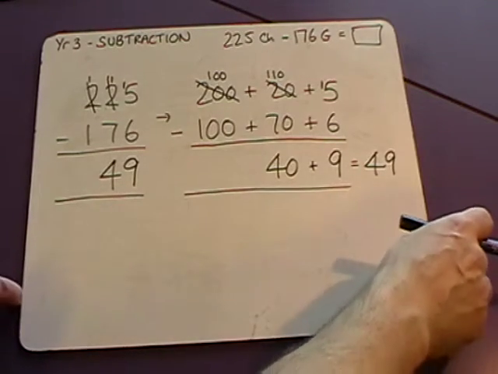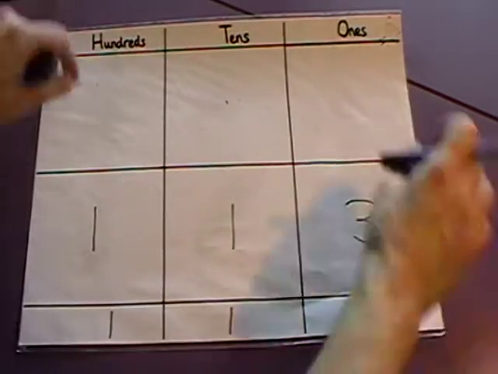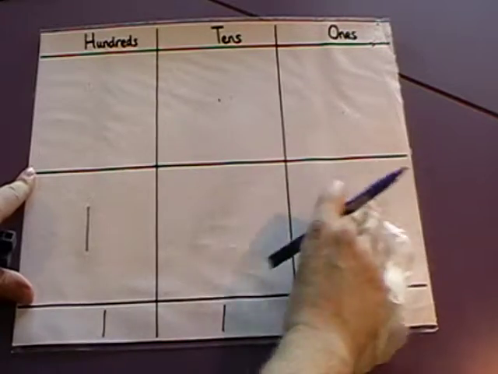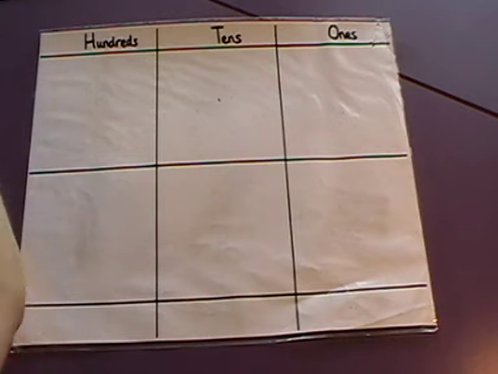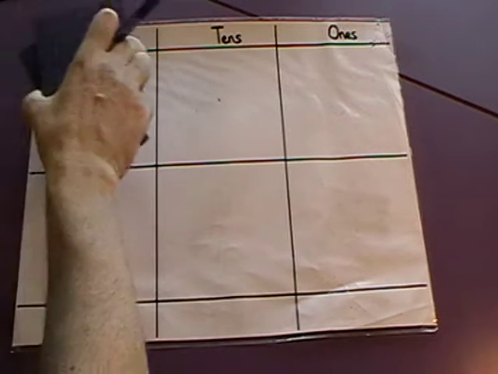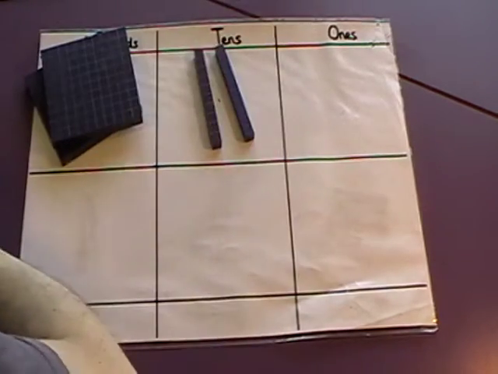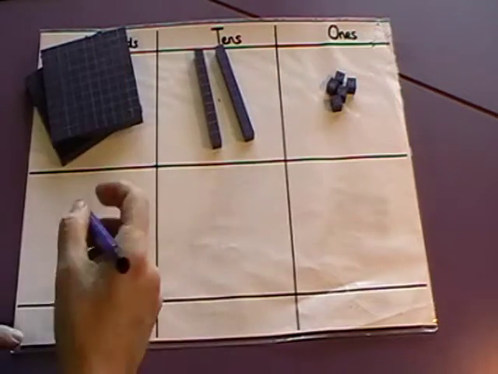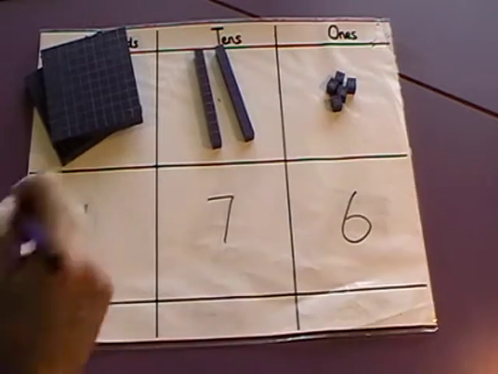I can show you that with the apparatus just to break that down a bit more. Let's clean that grid. Right, so we have 225, and this time we were taking away 176.